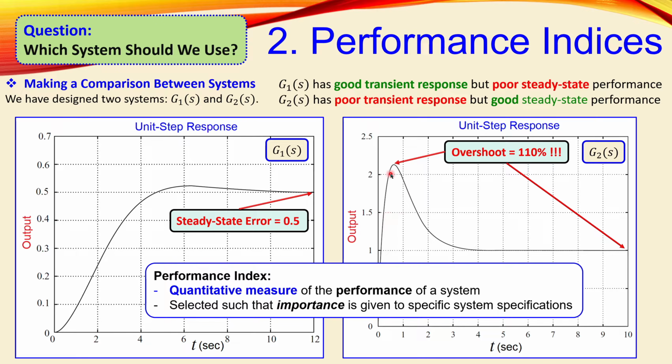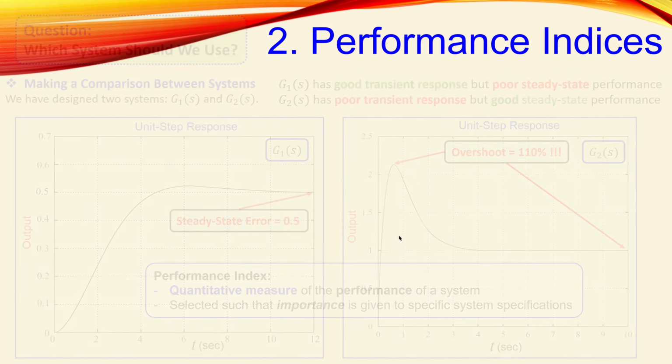But if the overshoot is much more important than the other parameters, then this is definitely not the best solution. But if everything is a little bit important, then of course we need a much more solid analytical index for that. And that is really the topic we see next.